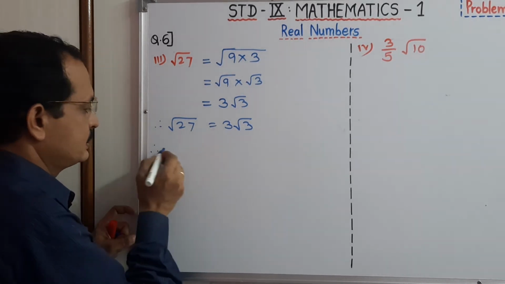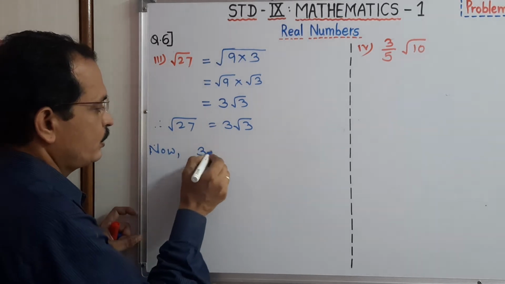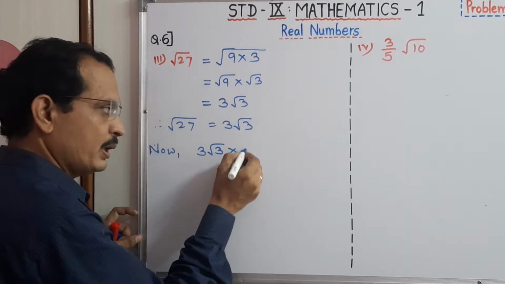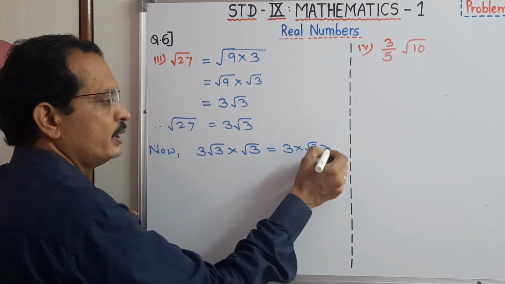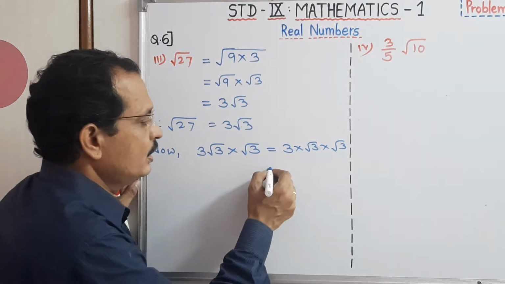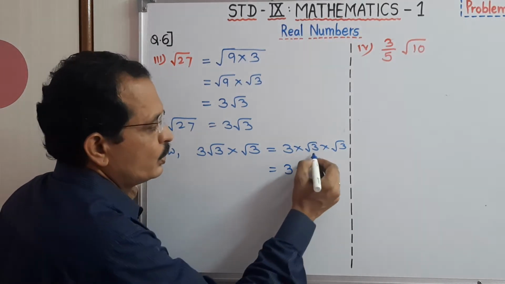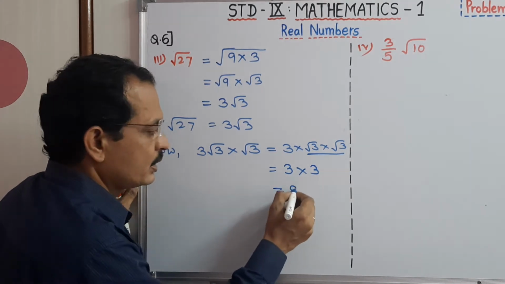Therefore see here, we have to multiply 3 root 3 with root 3, then we get here 3 into root 3 into root 3, isn't it? Now see the 3 into root 3 into root 3, it is 3. We got here 9.